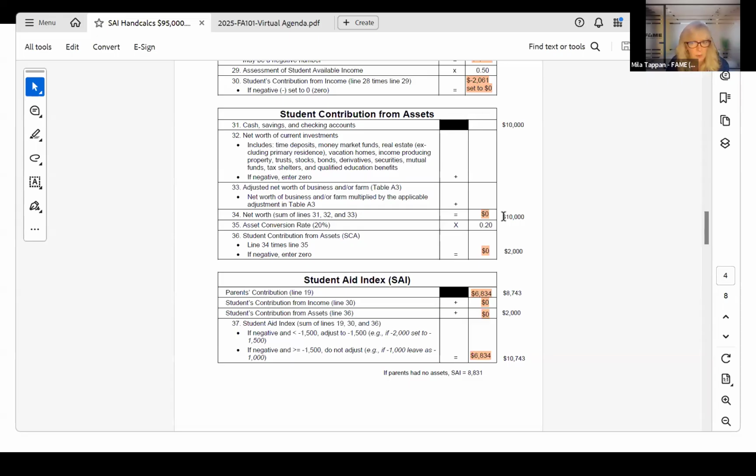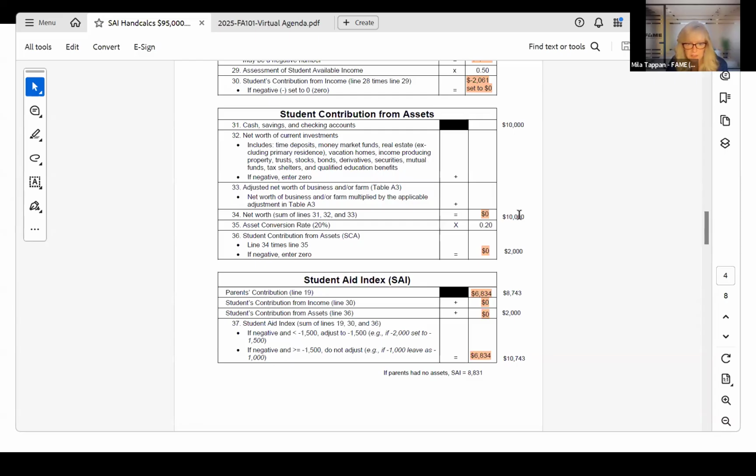One thing I want to point out, and this is the same on the parent side, is that whether it's $10,000 in cash, or $10,000 in equity, because maybe someone owns a camp, or $10,000 in business value, these assets are all treated the same way. So there's no distinction between a liquid asset and an asset that is not as liquid, like equity in a business. But for now, let's just say the student has this sitting in their savings account.